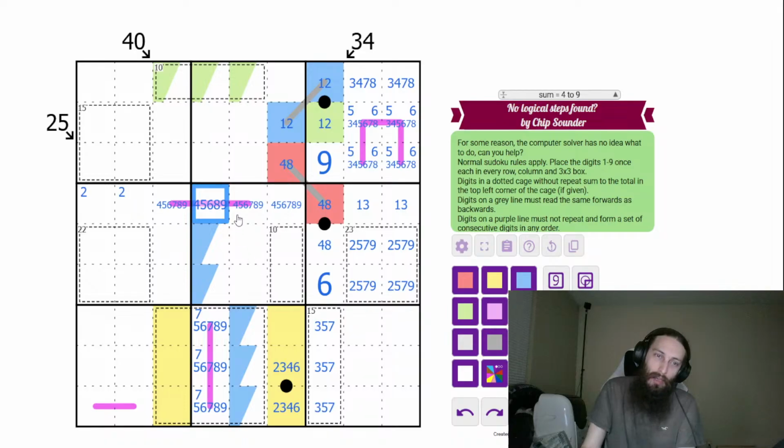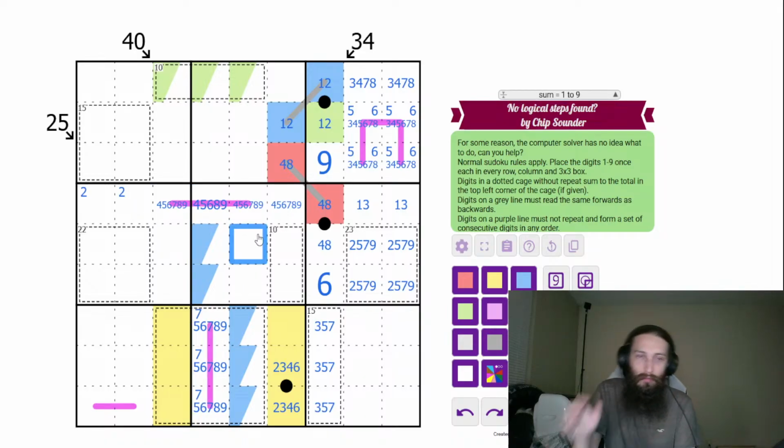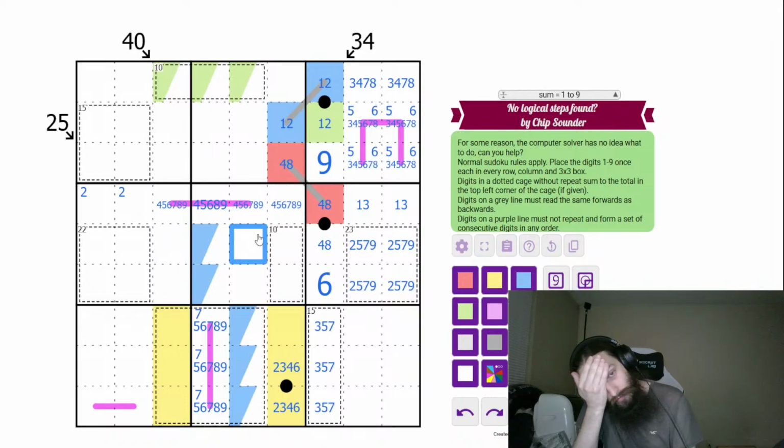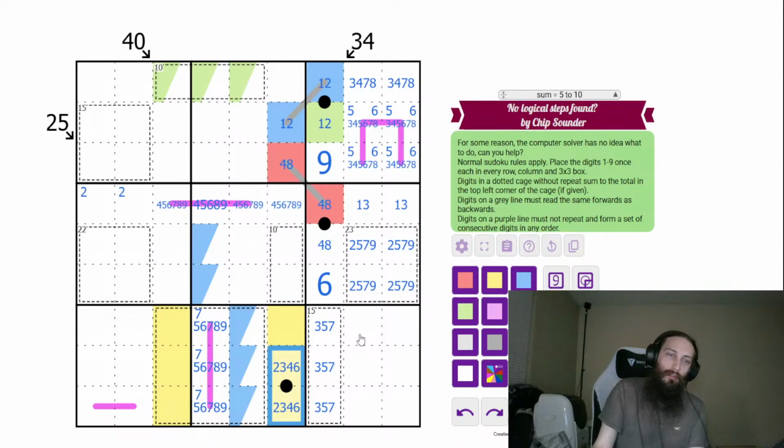Which would remove 9 as an option if this was 7, 8, 9. But I'm not seeing anything else that the 3, 6 here does.